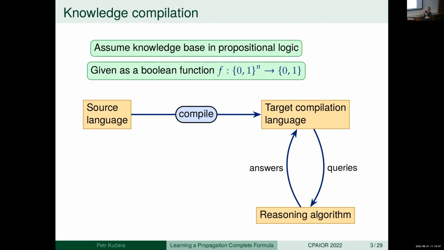So for the purpose of this talk, I will consider knowledge represented using propositional logic. So basically, we are representing a Boolean function, which is a function on inputs which are 0, 1, and the result is again 0, 1.